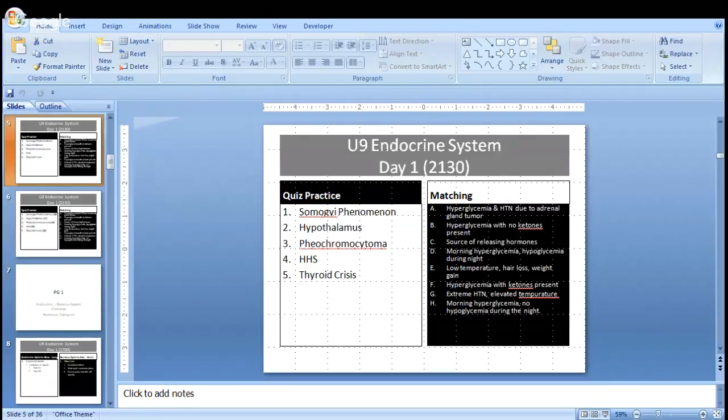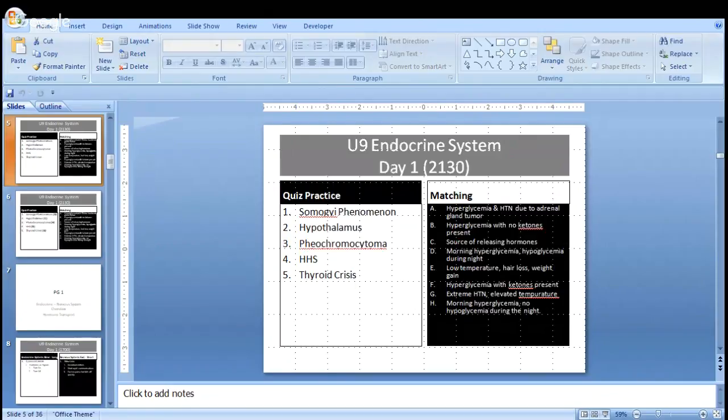Low temperature, hair loss, weight gain. Hyperglycemia with ketones present. Extreme hypertension, elevated temperature. Morning hyperglycemia, no hypoglycemia at night.